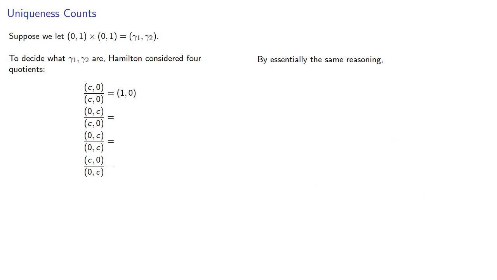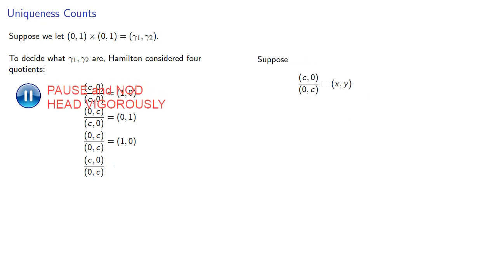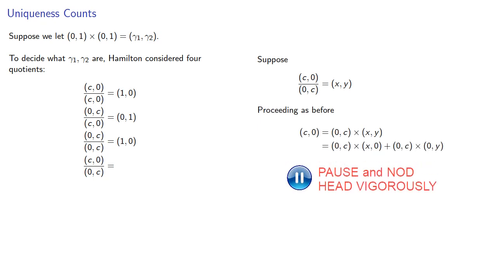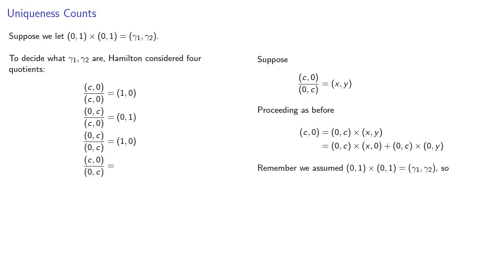By essentially the same reasoning, we can find the next two quotients as well. But what about that third quotient? So proceeding as before, we can rewrite this as a multiplication, and then we can expand out that multiplication. And remember, we assumed that (0, 1) times (0, 1) is (gamma 1, gamma 2), and so that means this product is going to be (gamma 1 cy, gamma 2 cy).